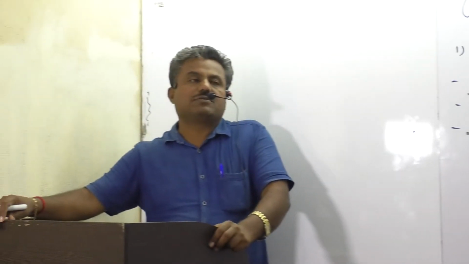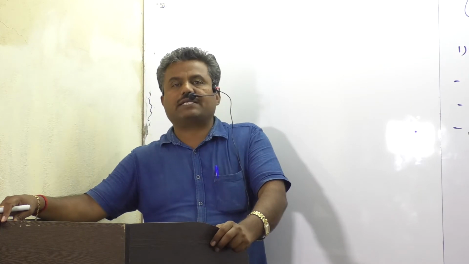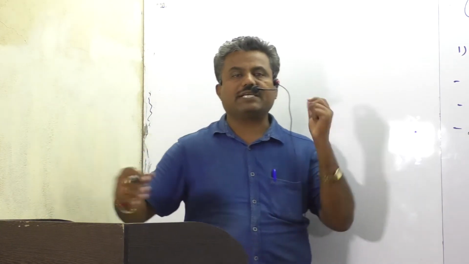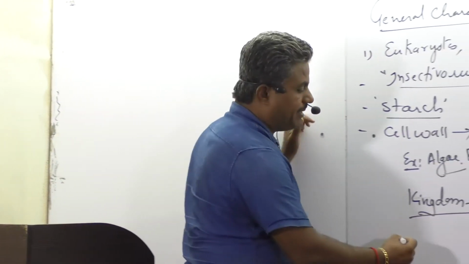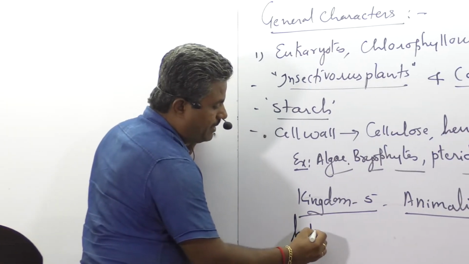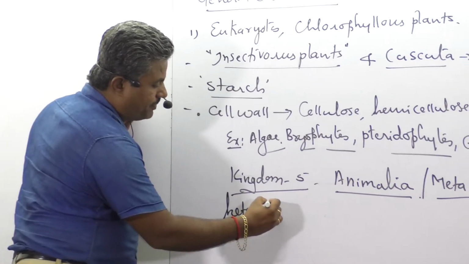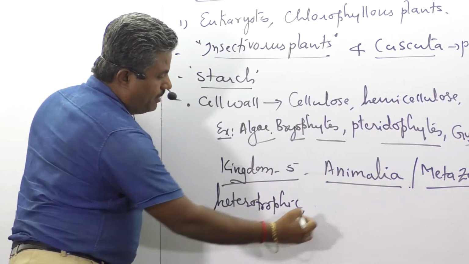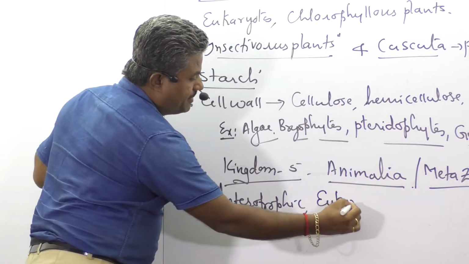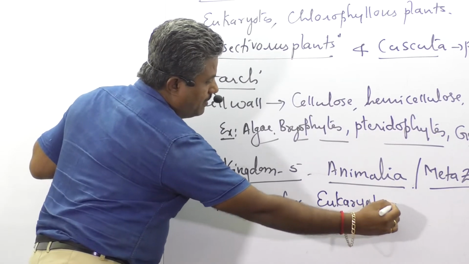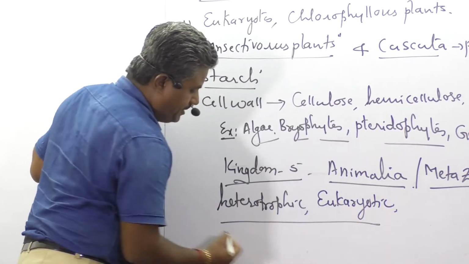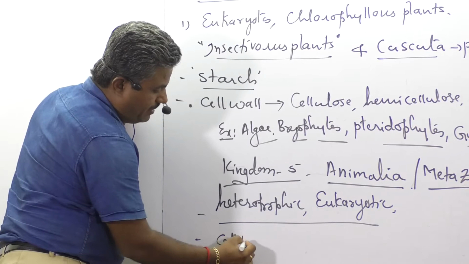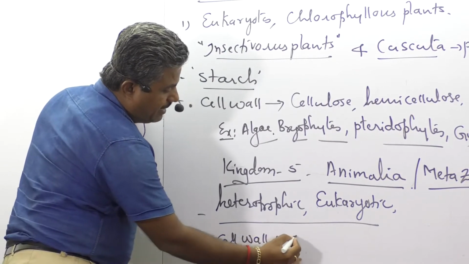It includes heterotrophic eukaryotic organisms. What is heterotrophic? It depends upon other organisms for its food. But a cell wall is absent.